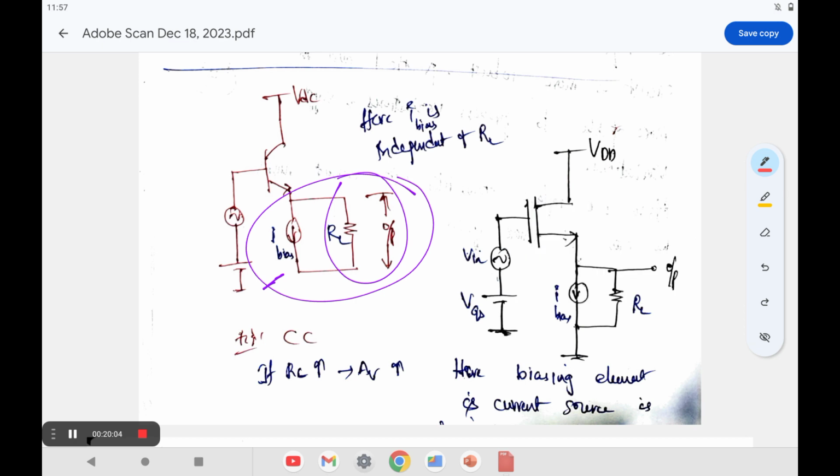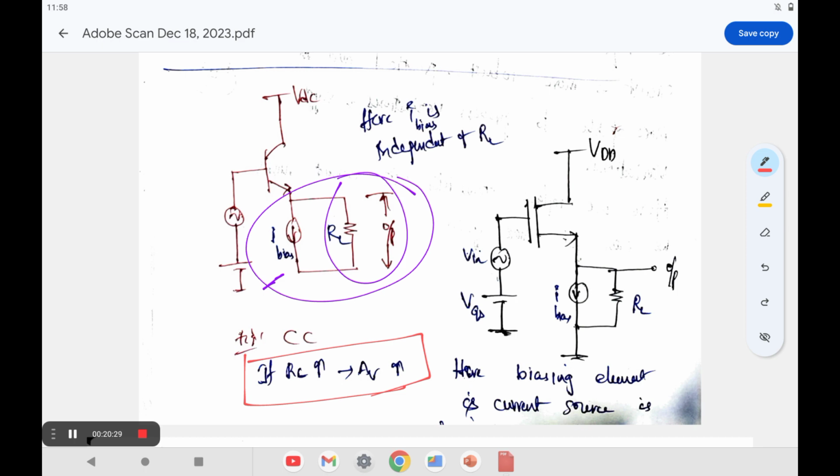But as per analysis, if you maintain the I bias value like this and increase the load resistance RL, the gain AV also increases. Is it always possible to increase the RL value? If you increase RL, the size of the device may increase. That is also one more problem.